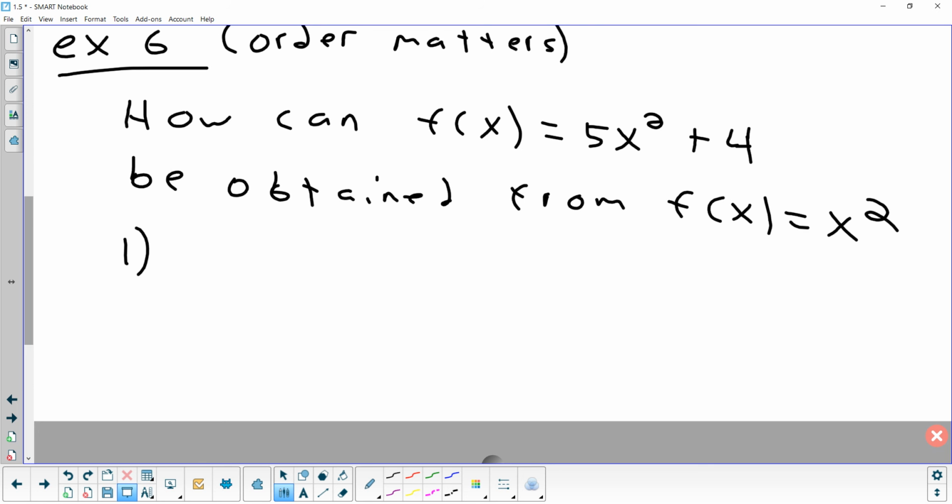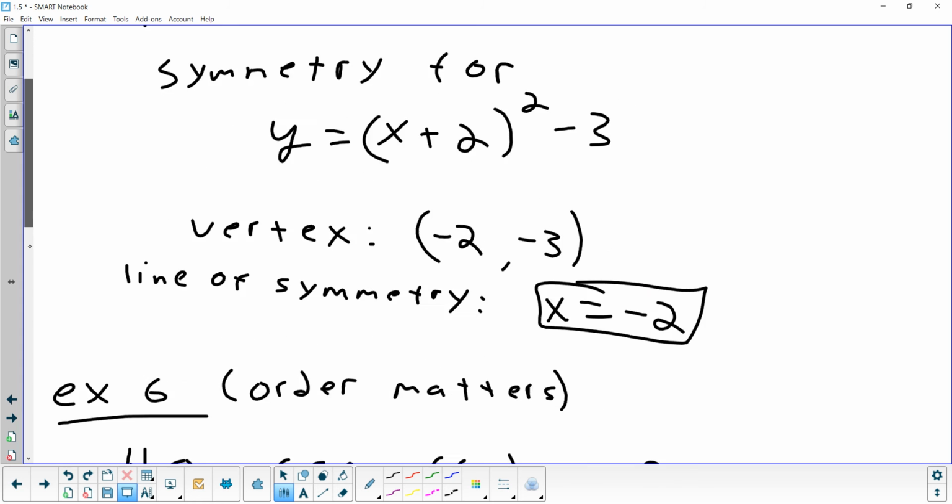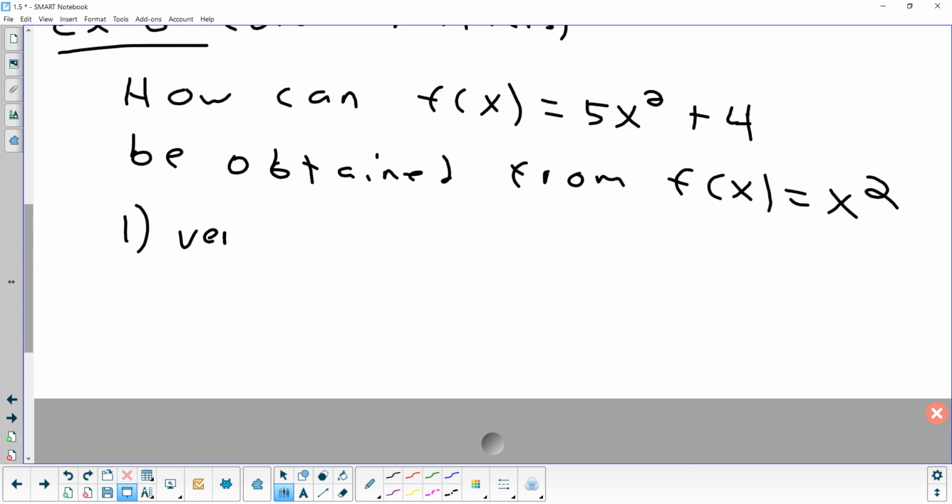The +4, that's going to be the last thing that we focus on. Oh, the 5. Right. And what does the 5 do? Stretches it vertically. Yep. So, there is no horizontal shift in this problem. So we go to the next thing. Is there a vertical stretch? Yes. So the first thing is a vertical stretch by a factor of 5.